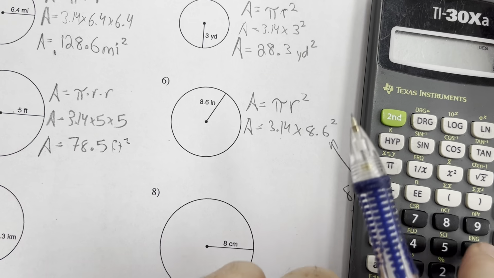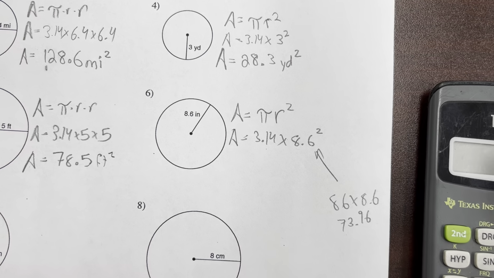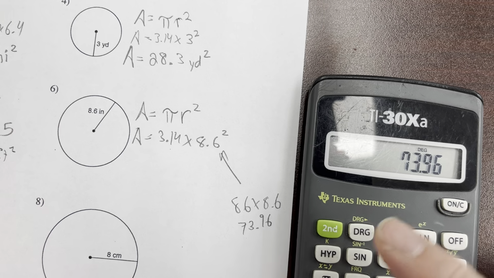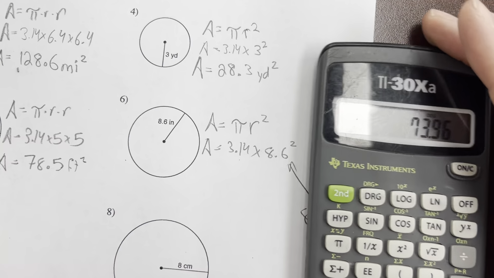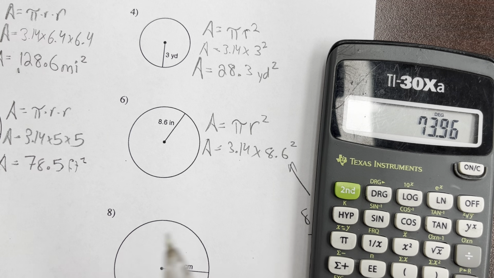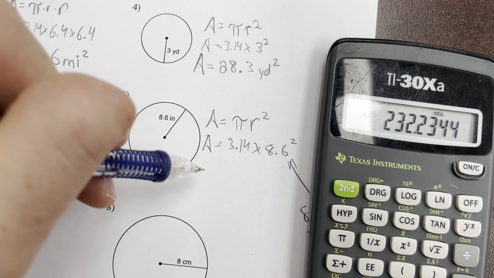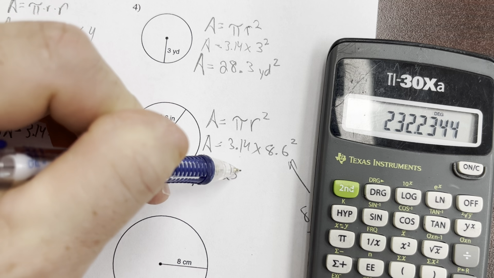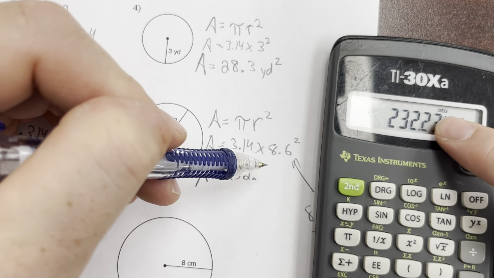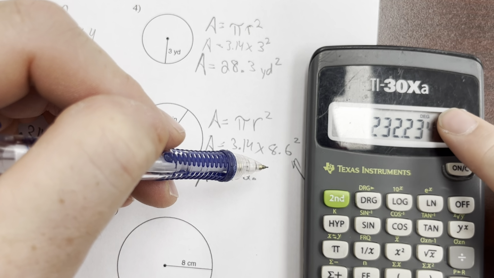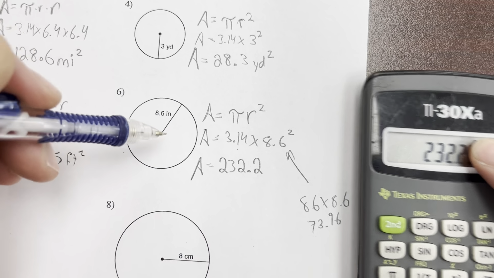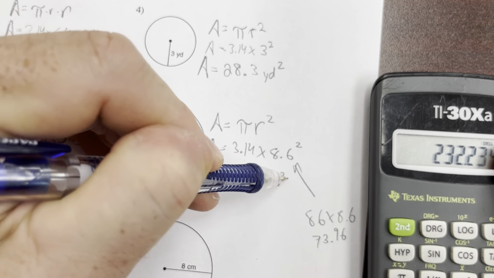When I do 8.6 and hit the squared button, 73.96. So that's how it works. I would times that by 3.14 equals 232 point, and it's going to be one place, so it's got 2 next to it, it's a 3, so it stays a 2 inches squared.